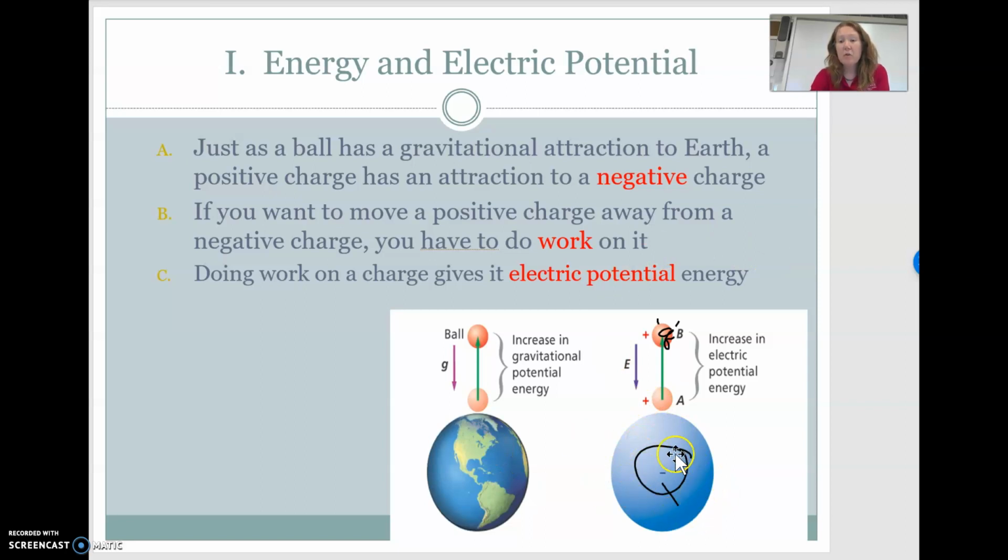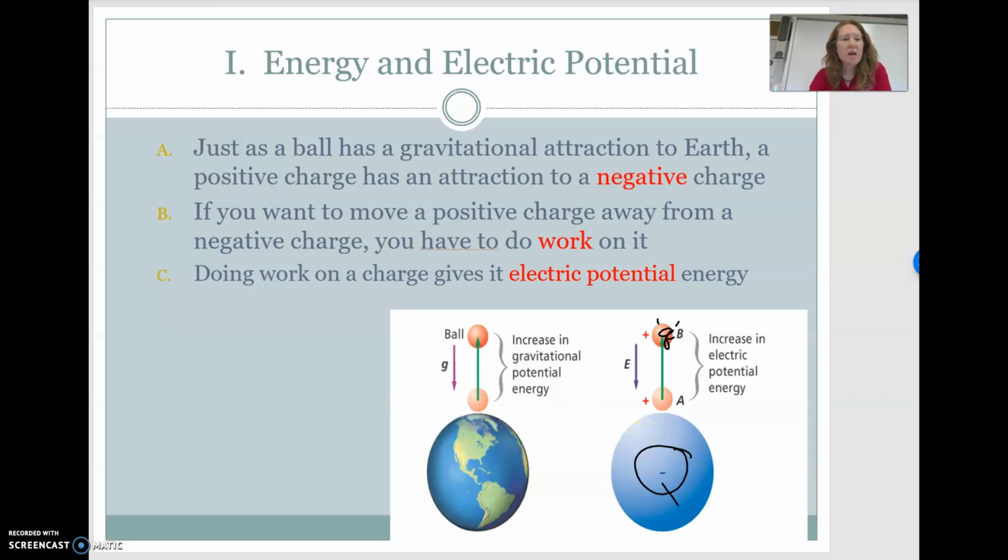Here I was labeling this big charge, big Q, and the little positive one with a little q. Up until now, we've been talking about QA and QB. And sometimes when we talk about electric fields, we're talking about the fact that if there's a really large charge, the whole area around it is affected, just like if there was a planet, everything around it is affected by its gravity.